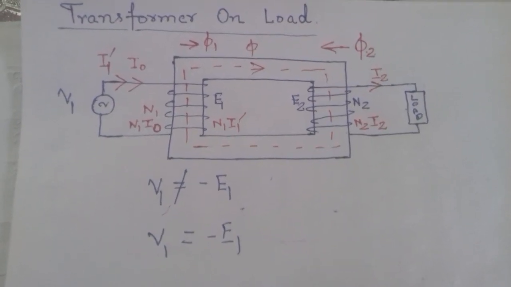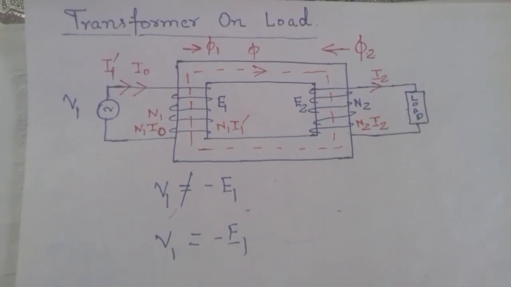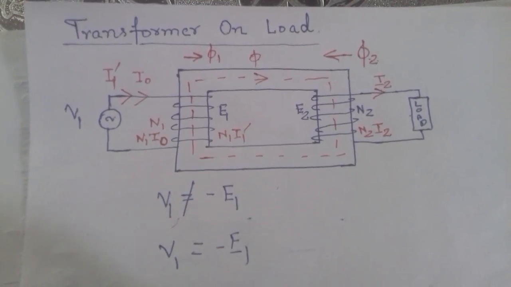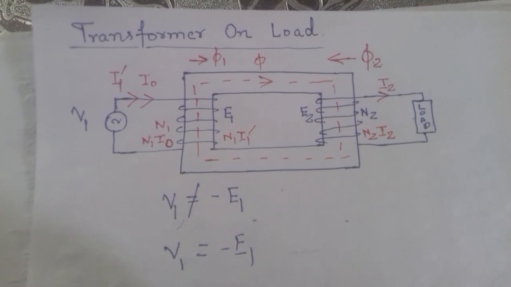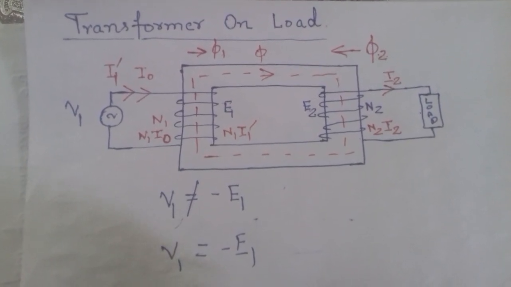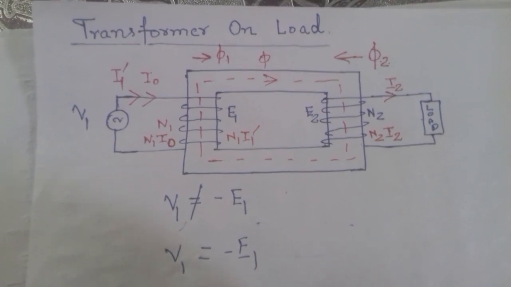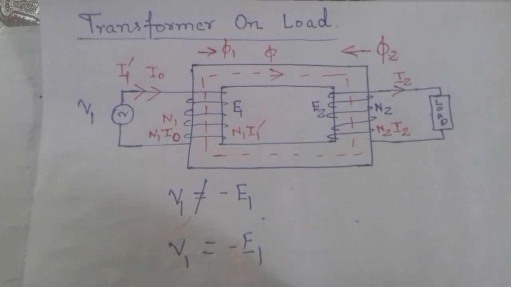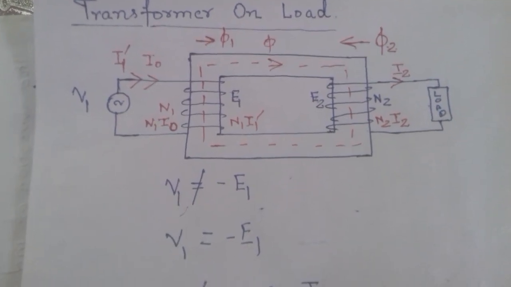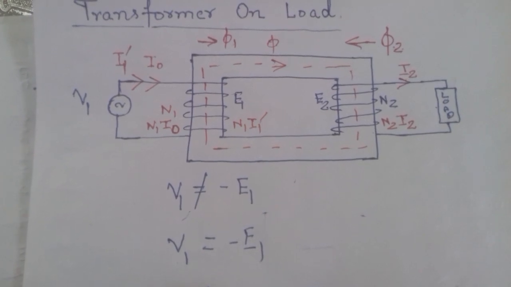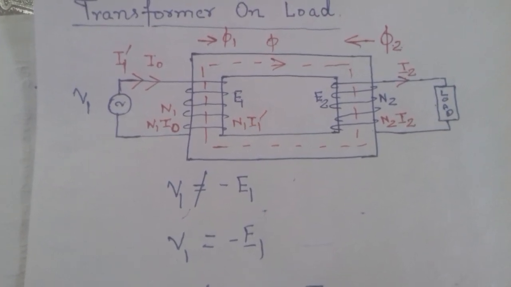Now as the flux phi 1, which is produced by MMF N1 I1 dash, opposes or neutralizes the flux phi 2 which is produced by MMF N2 I2, both the MMFs are equal in magnitude and opposite in direction.